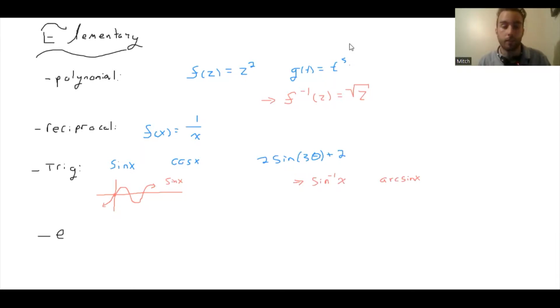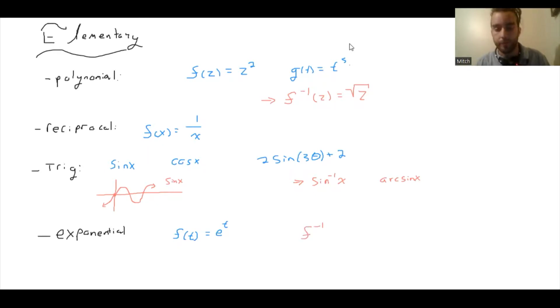The last one, so there's only 4 that you really need to be able to recognize. The last one is your exponential. And so the input of the exponential is going to be the exponent. So if we have f of t equals e to the t, then the inverse of that is your natural logarithm, which is sometimes just called ln.